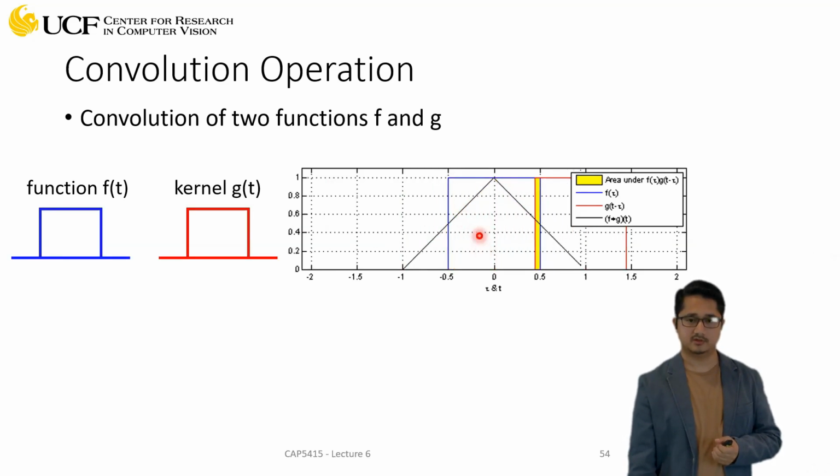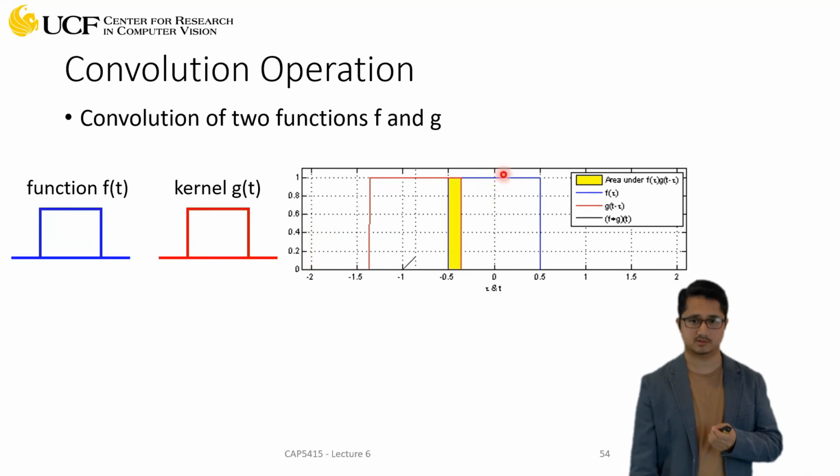Okay, so then you will see as you keep going towards right, the overlap is actually increasing, and at the center over here, they will perfectly match with each other, and you will get the highest response. Okay. So this black plot over here is actually showing you the result of convolving kernel g with function f.